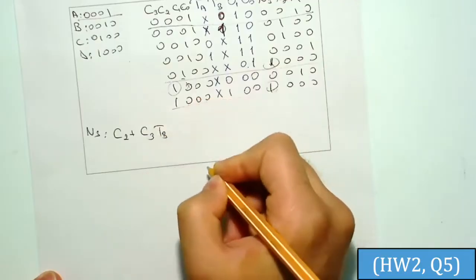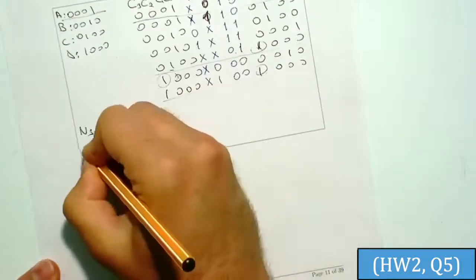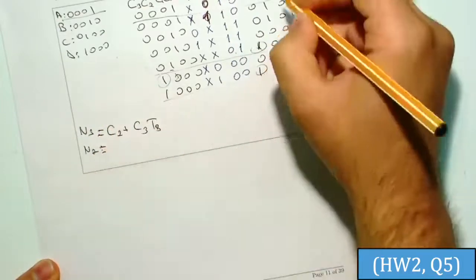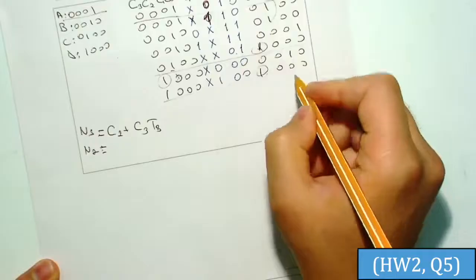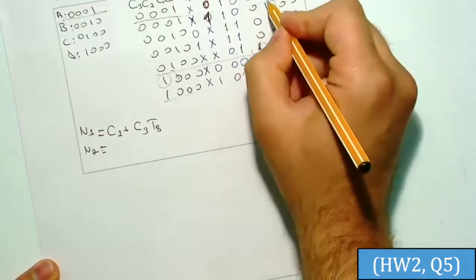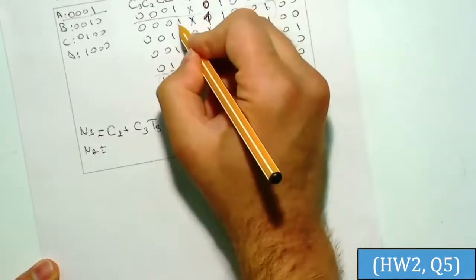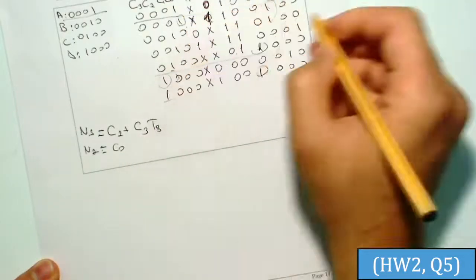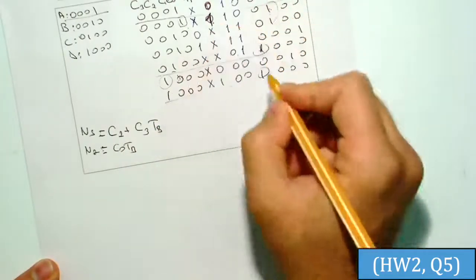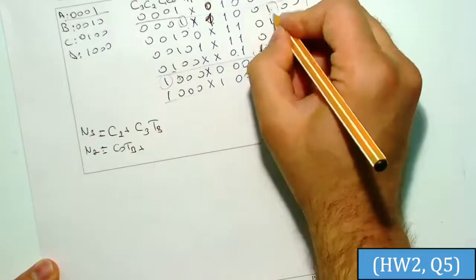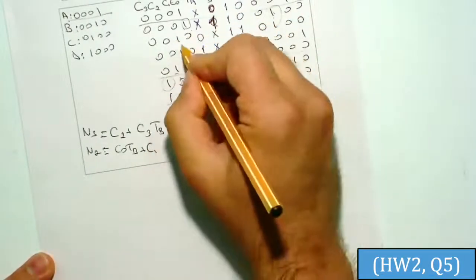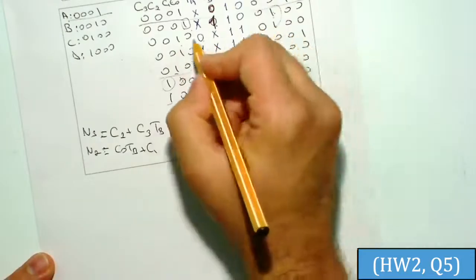Okay. For N2, I have 2 rows as follows. When N2 is 1, here I have C0, 1, and also TB as 1. Right? Yeah, that's correct. And again for N2 is 1, C1 is 1, and also TA is 0.